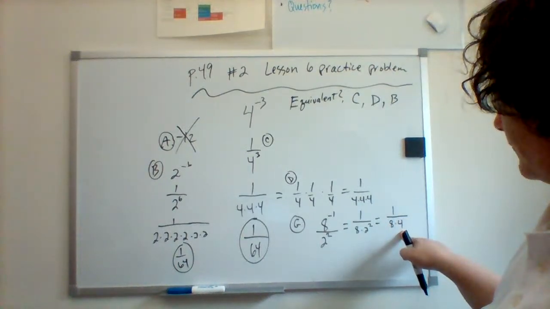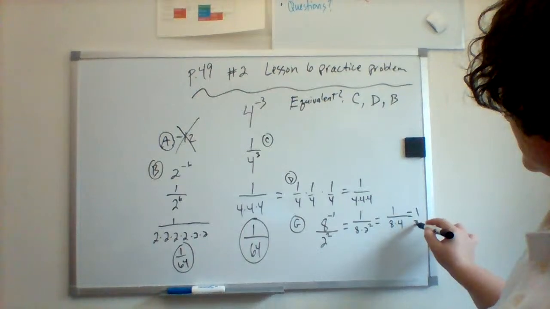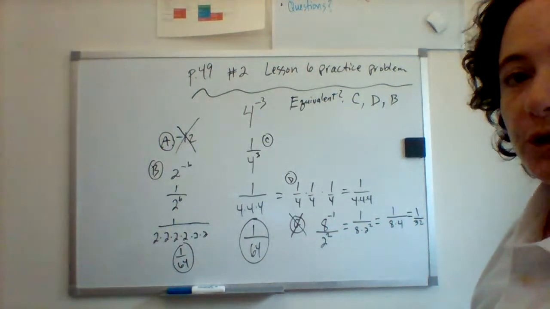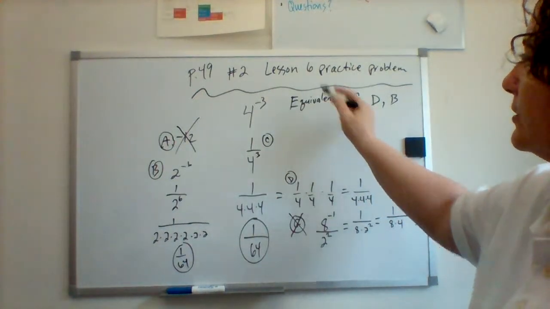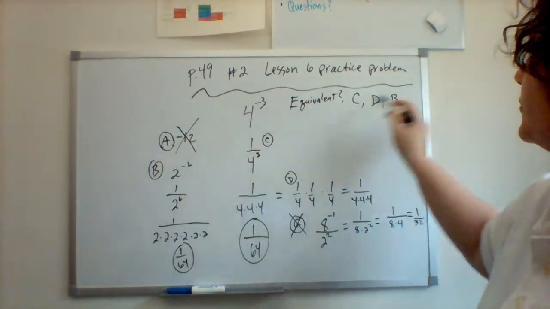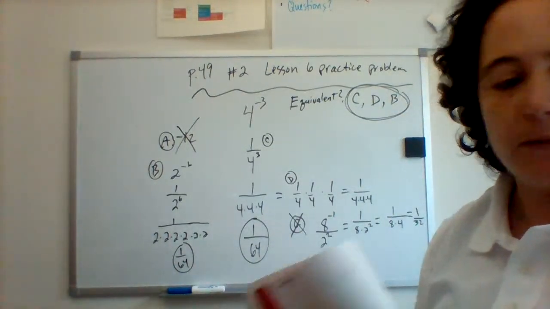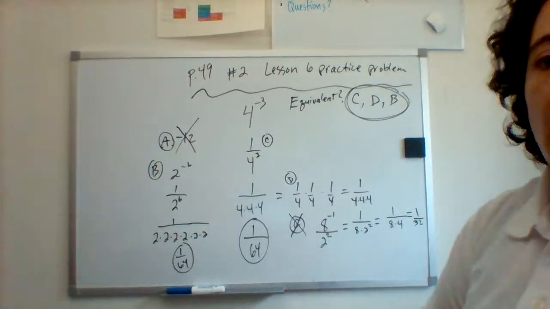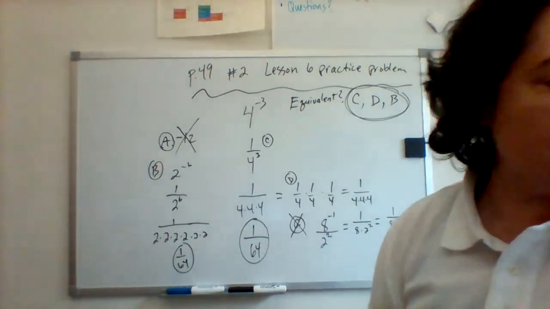That's 4, right? 8 times 4 is 32. Therefore, G also does not work. So what are the expressions that are equivalent to 4 to the power of negative 3? These are the only 3 that are actually equivalent. And if you have a question on any of my proofs, you let me know. Please tell me. Any questions?